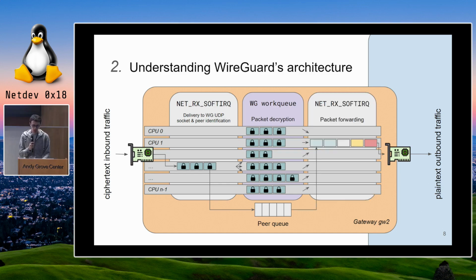The real difference is in the last stage. So the last stage of packet reception is what we call forwarding, which basically means taking the decrypted and decapsulated packets and delivering them to the upper layers of the stack. In this particular site-to-site deployment, it then means transmitting them over to an output interface.